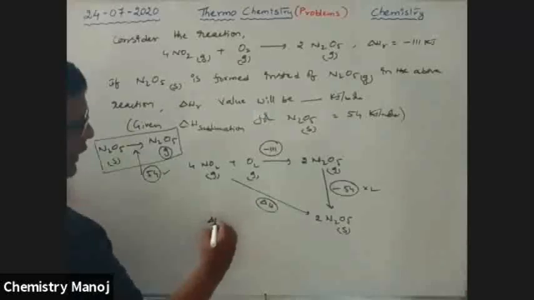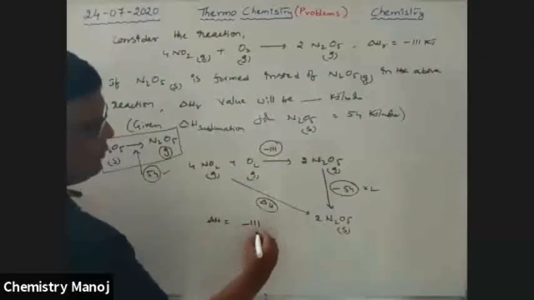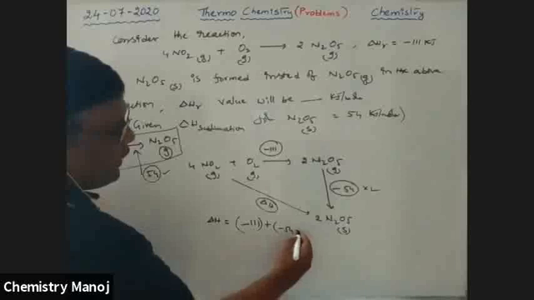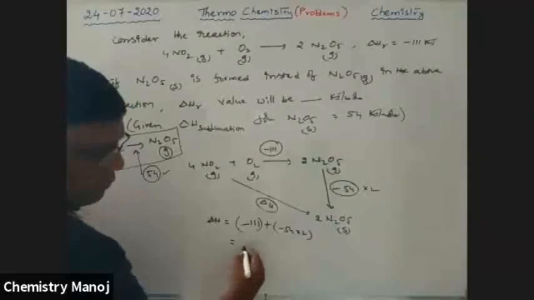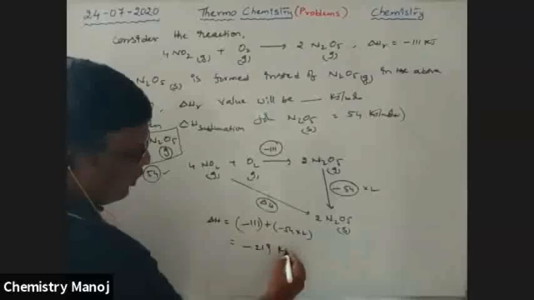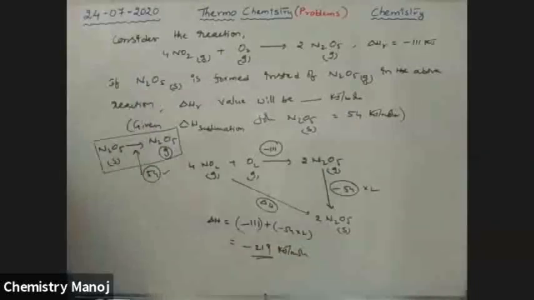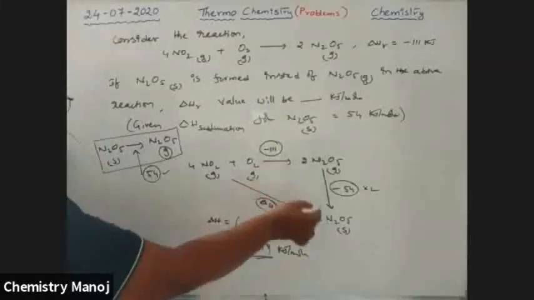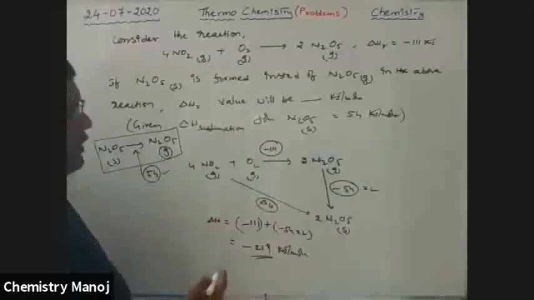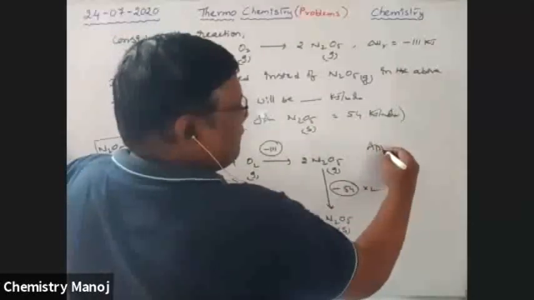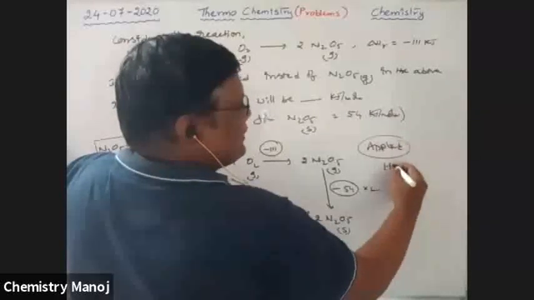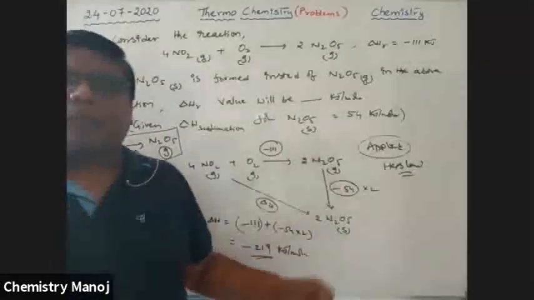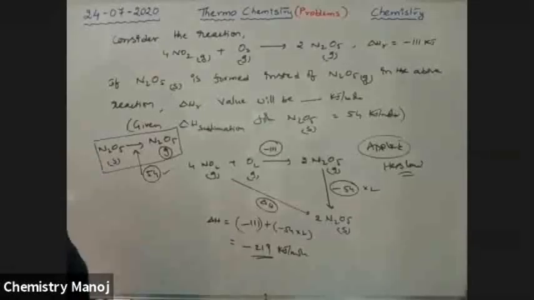Therefore, delta H is equal to minus 11 plus minus 54 into 2, which is equal to minus 219 kilojoule per mole. So the direct step energy is the sum of the multiple steps energy. I applied Hess law.